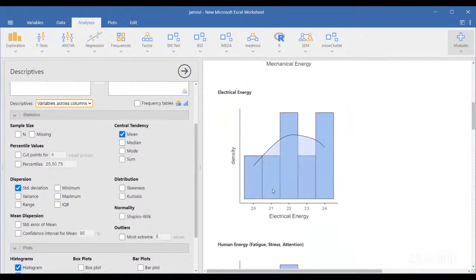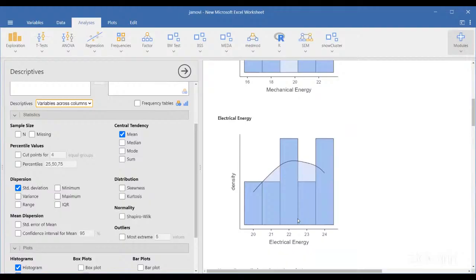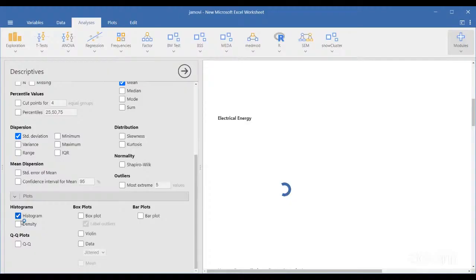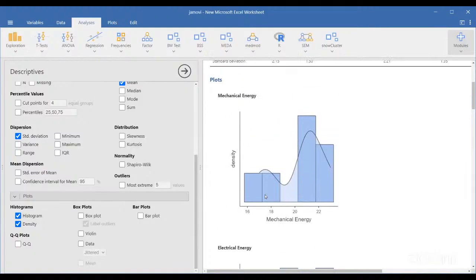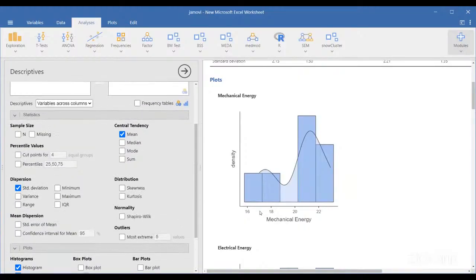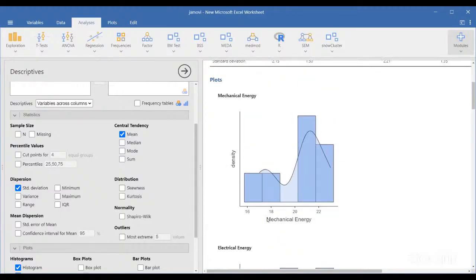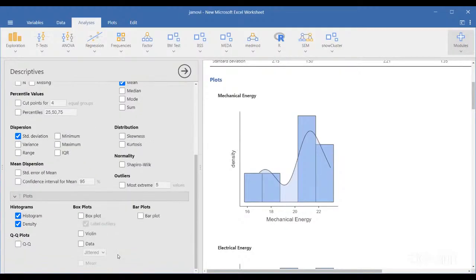Can you see? This is the electrical energy. Achha, in case of the mechanical energy, some data lies at 16 and 18. So who has given the 16 and 18?